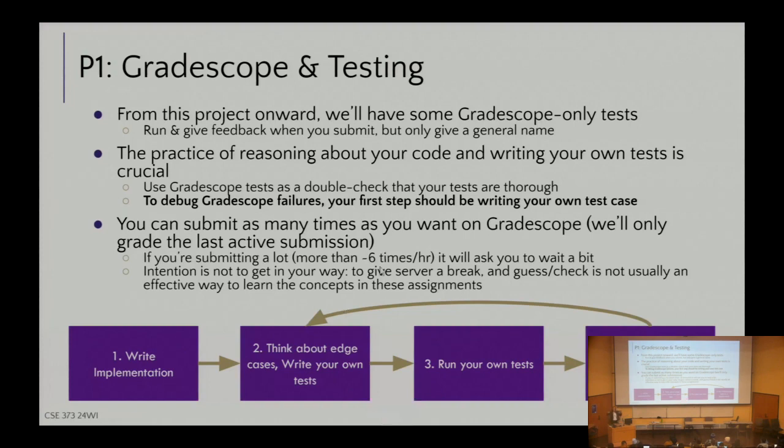In that moment, think about the edge cases, look at the code we've given you, and ask yourself what could possibly be missing here. You run your own test, you run it on Gradescope, you see you're still failing something, you read that helpful title, and you're like, oh no, I'm missing something. You go back, you write more tests, and this is us encouraging you to get in the habit now of thinking about all the different edge cases of your code, getting comfortable writing your own test cases, all of that good stuff.